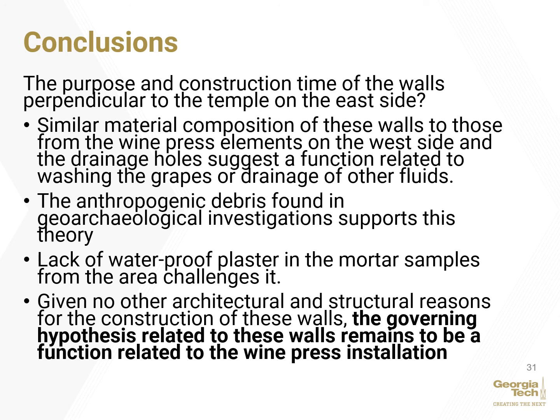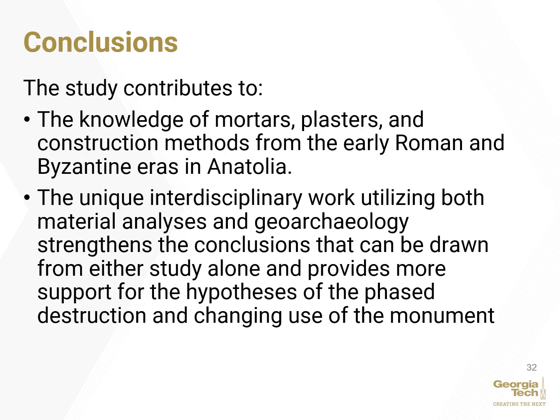And the debris found in geoarchaeological investigations support this theory. However, lack of waterproof plaster in the mortar samples from the area challenges this theory. But given no other architectural and structural reasons for the construction of these walls, the governing hypothesis related to these walls remains to be a function related to the wine press installation.